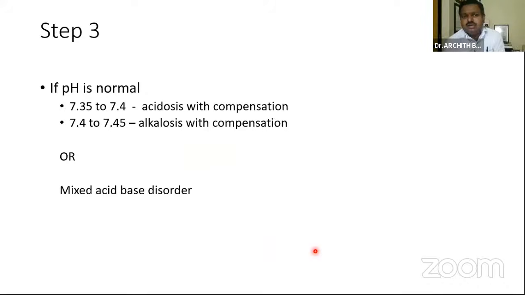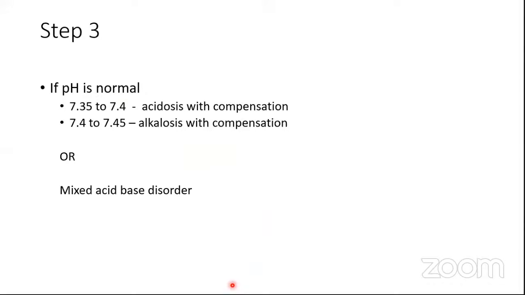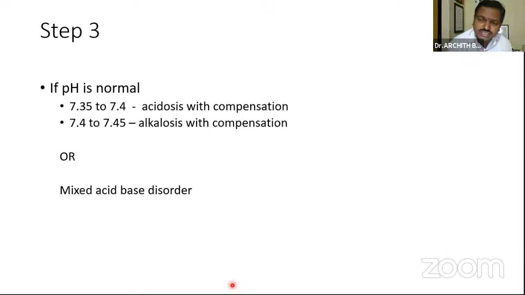Always remember, if the pH is near normal, that means compensation has already occurred. If the pH is between 7.35 and 7.4, on the lower side, that means there is an acidosis which has been compensated by the other mechanism.